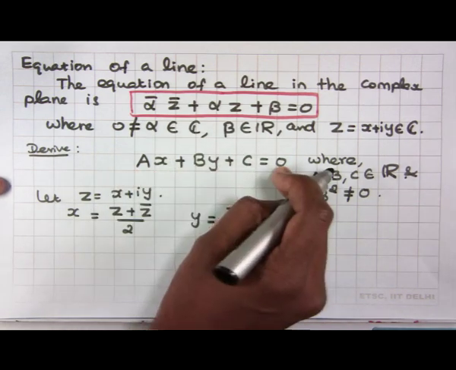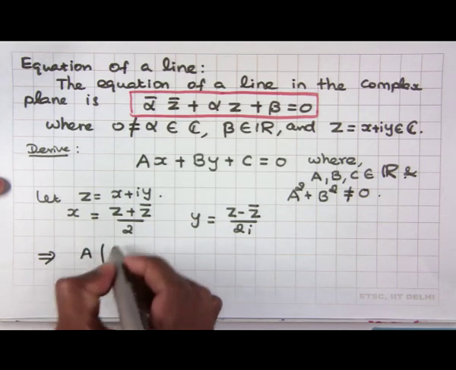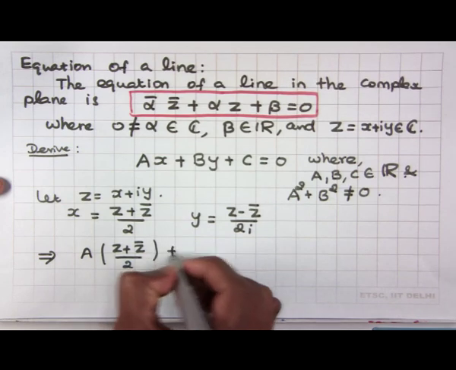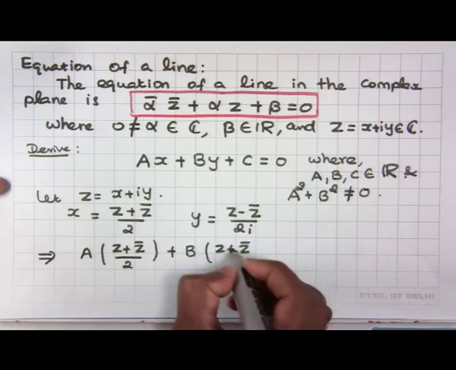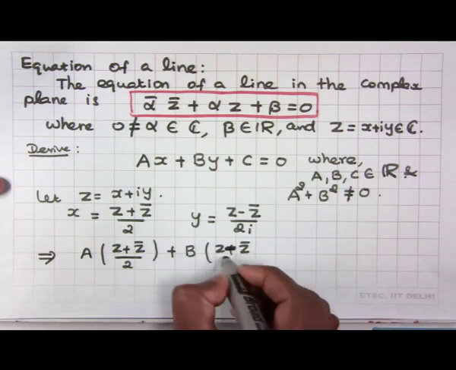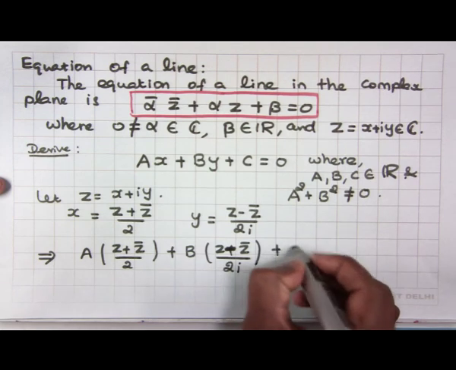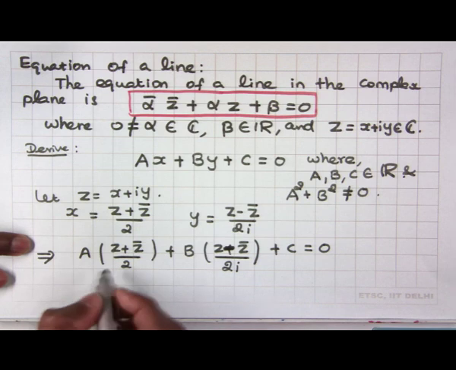Now, if the pair x, y lies on a straight line, then it satisfies this equation. So this implies that we get a times (z + z bar)/2 plus b times (z minus z bar)/2i plus c equal to 0.